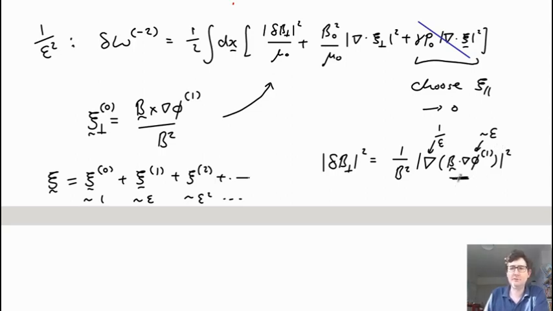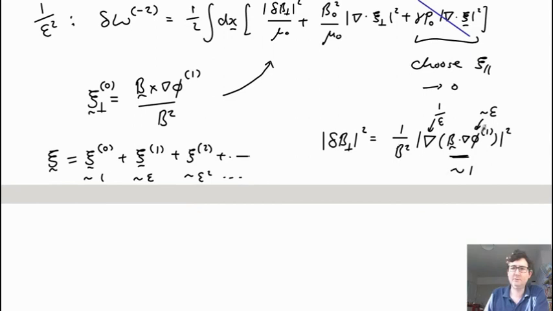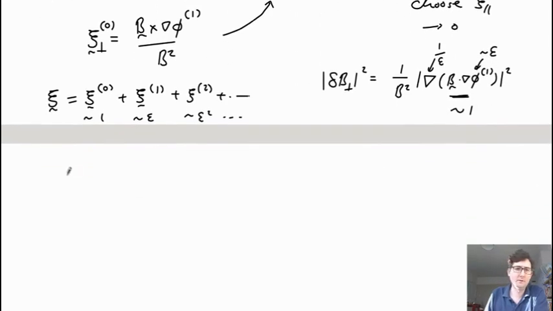So if we make this instead order 1, so we choose the perturbations in phi so that along the magnetic field the gradient is small, then this whole thing becomes of order 1. So in summary, delta B perpendicular squared is of order 1.